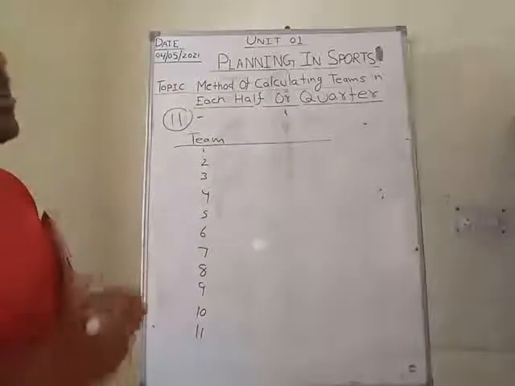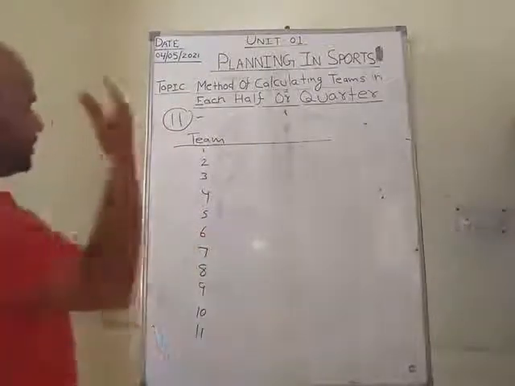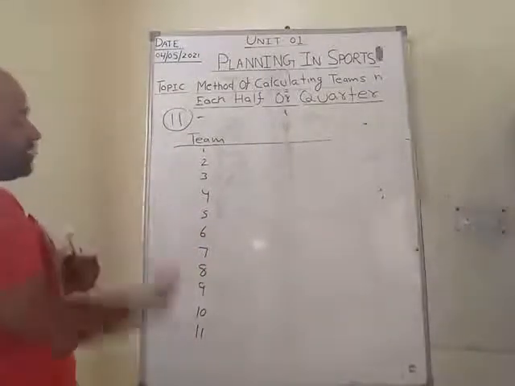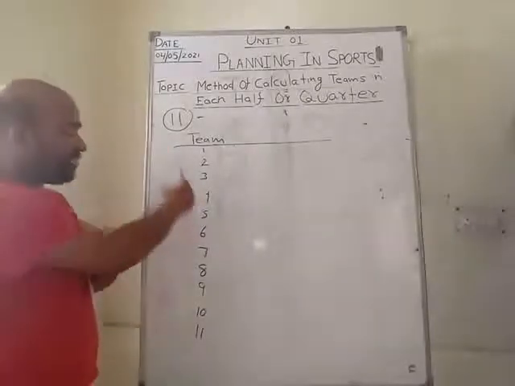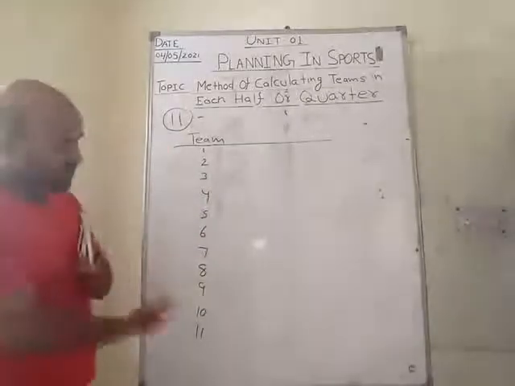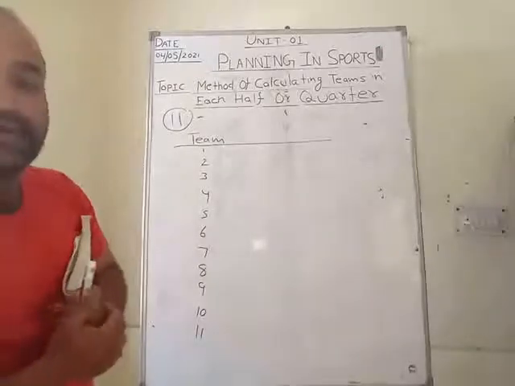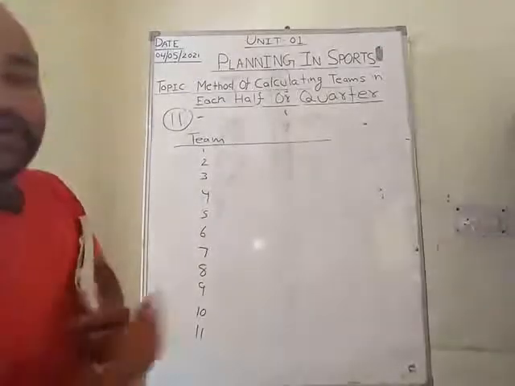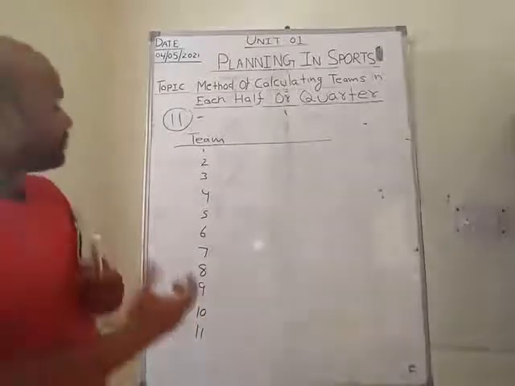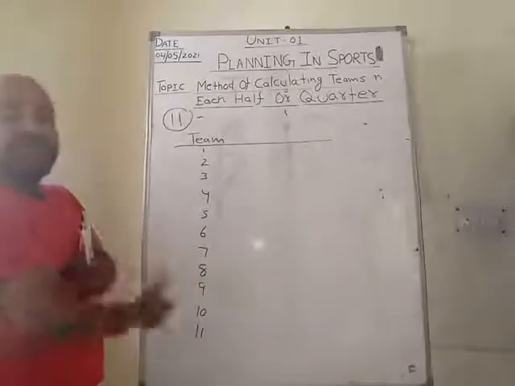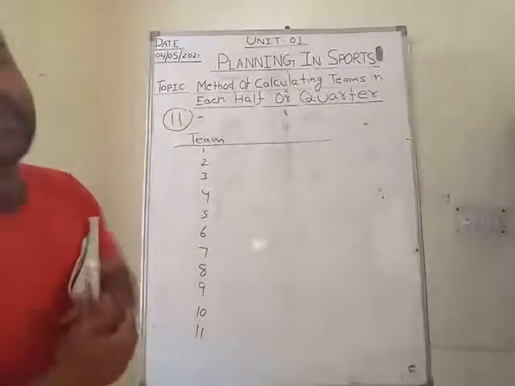Okay, how will we divide them into the upper half and lower half? How many teams come in the lower half and the upper half? There are 11 teams. Suppose I give 12 teams, then it is possible, there is a factor of 12.